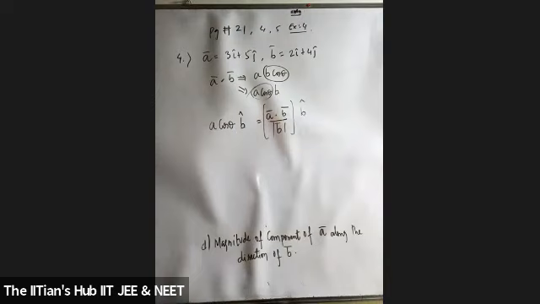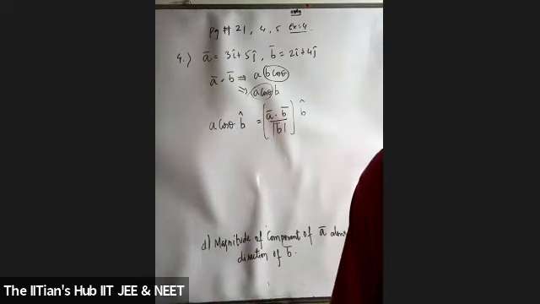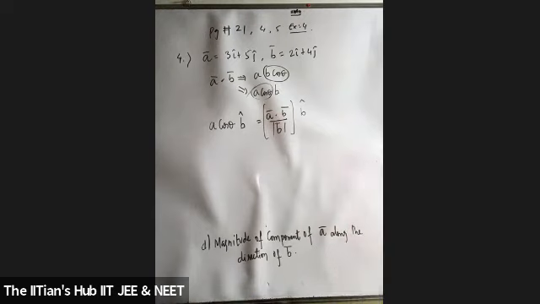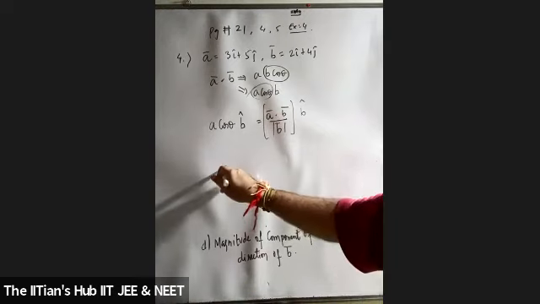If you look at the dot product, what exactly answer did you get for the dot product? Students, 26. We got 26.